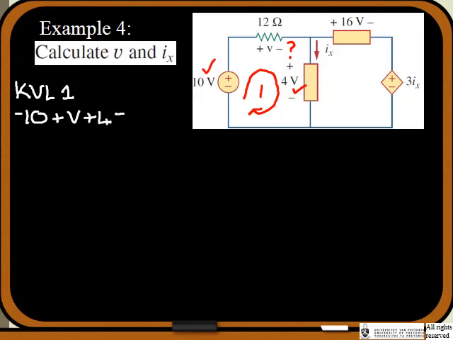That closes the loop, so this must equal 0. So what do we have then? V equals 10 minus 4, which equals 6 volts. Right, so that one's solved. Now we know what V is.